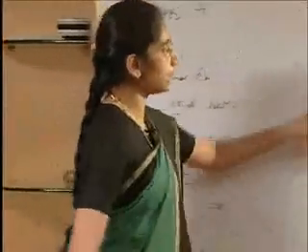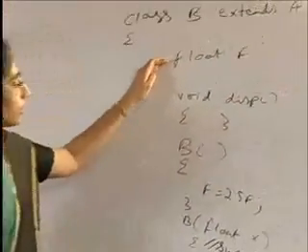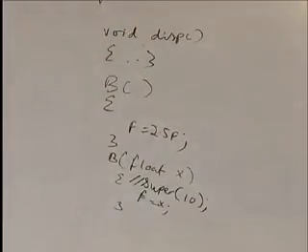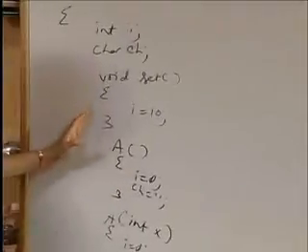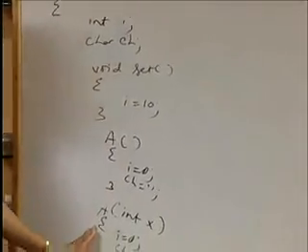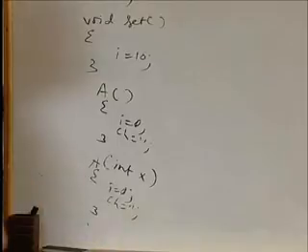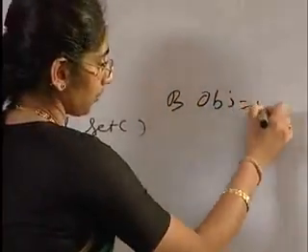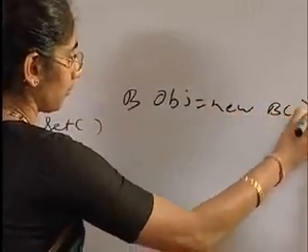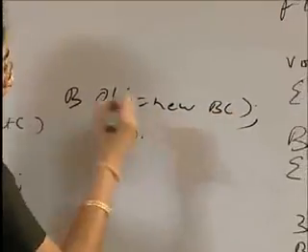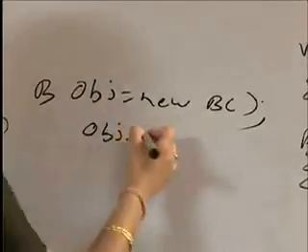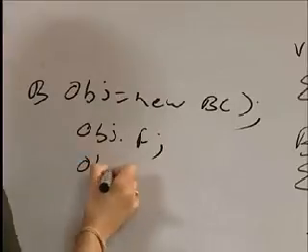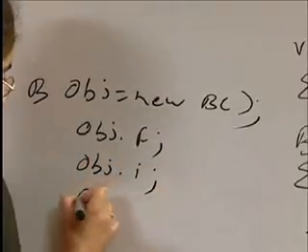So now this particular child class not only has this float f, the disp function and its constructors, but it has also inherited all the variables, the methods and the constructors from the parent class. So once you create an instance of class B, using the instance of class B you can access the variable of the child class and the variable of the parent, provided we have the scope.